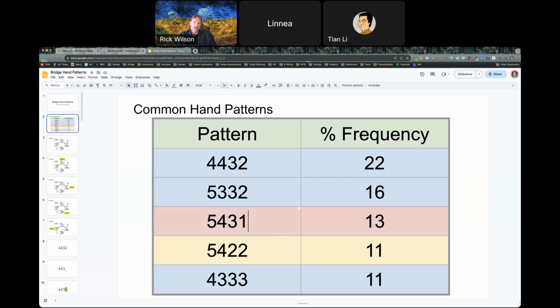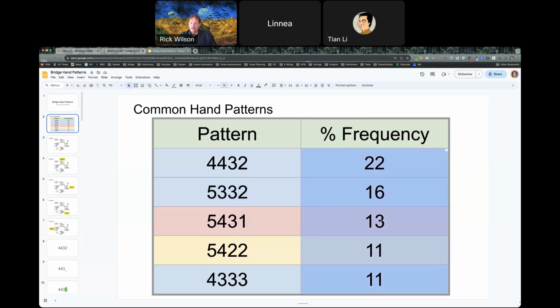If somebody made an opening bid of a no trump or rebid of a no trump, and they show up with a 5 card suit, you can expect that they are 5 3 3 2. So things like that. And then the other thing is, what do these percentages add up to? I don't remember offhand.